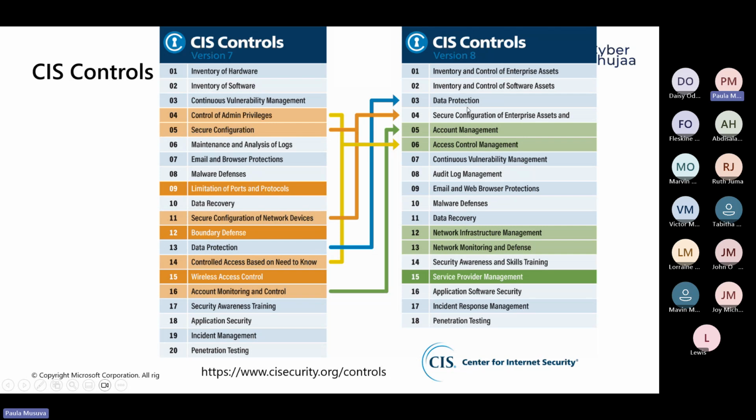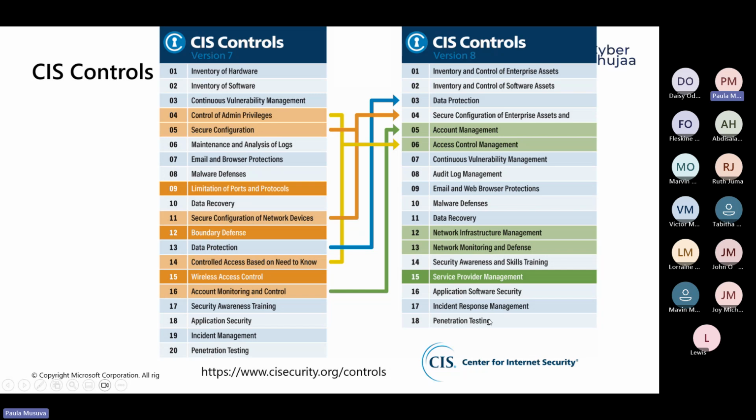You can see some of them we've already come across, right? Account management, asset management. Account management has to do with identity and access control. And then also others that we've not probably mentioned, like application software security, but they do that in great detail.